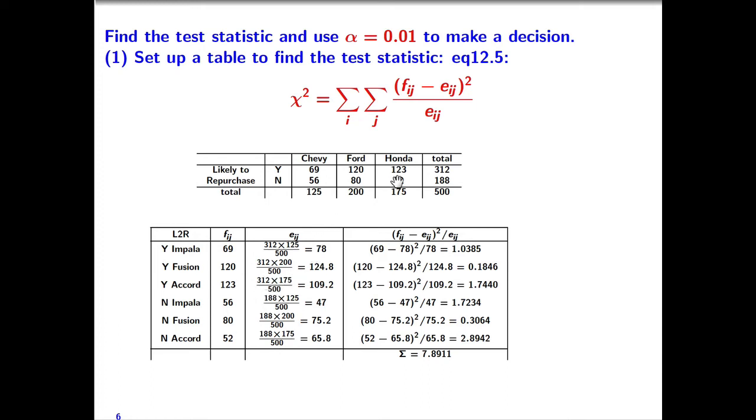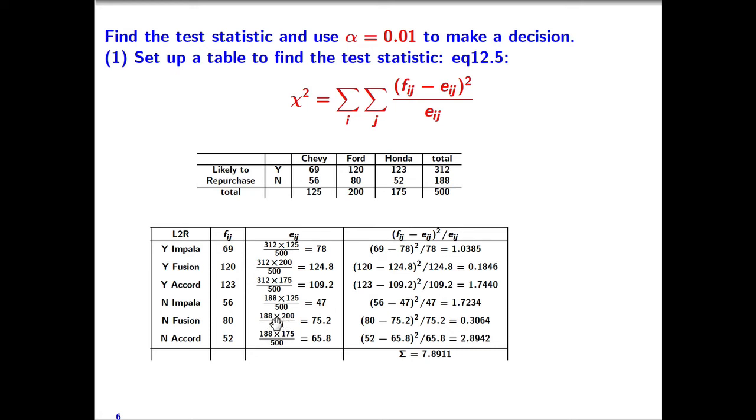For 123, you have 312 as the subtotal, and then another subtotal over the grand total. So you have 312 times 175 over 500 equal to 109.2. And then for 56, you have 188 times 125 over 500 to give you 47.